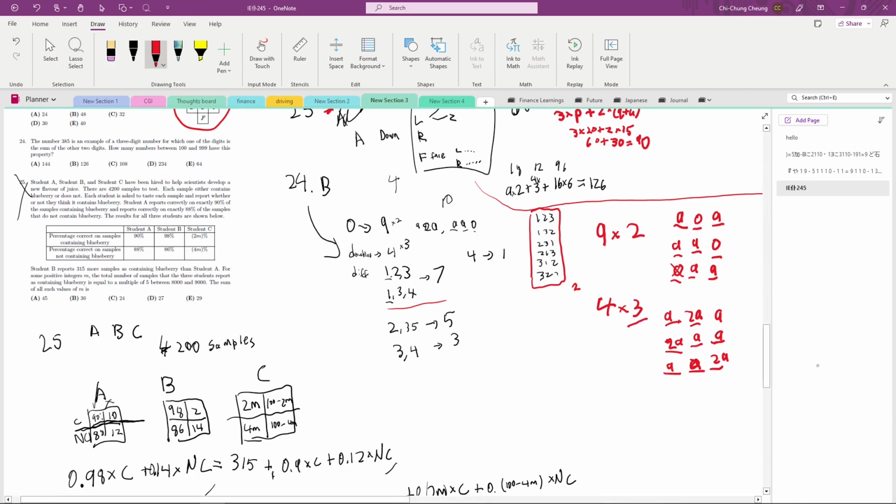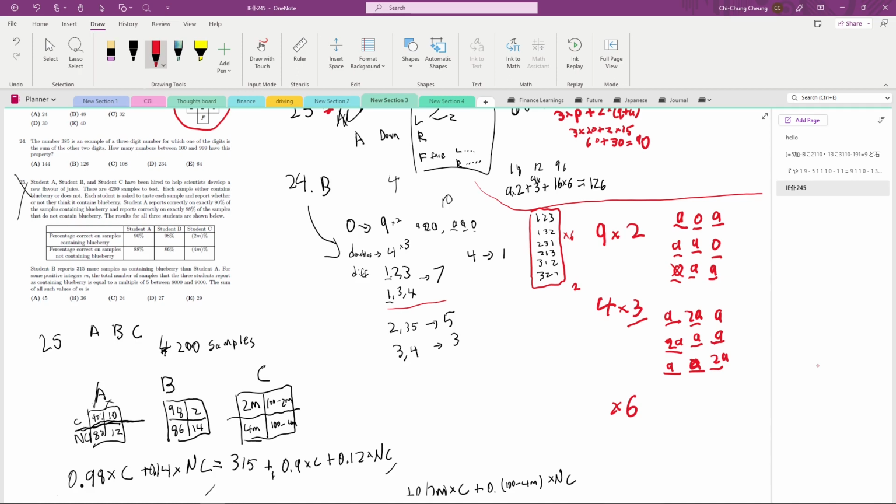Because this is times 3, but this is times 6. Okay, so we'll have a times 6. And then how many pairings of digits can this be? Well, I just brute forced it and then saw the limit.